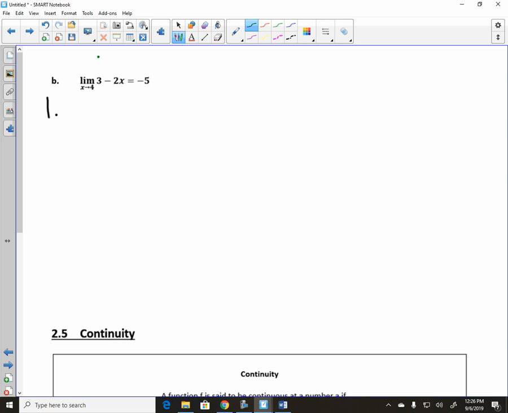What is the first step of our proof? Choose an appropriate delta. In order to choose an appropriate delta, I'm going to set up the absolute value of f of x minus L is less than epsilon when x minus a, absolute value is less than delta.